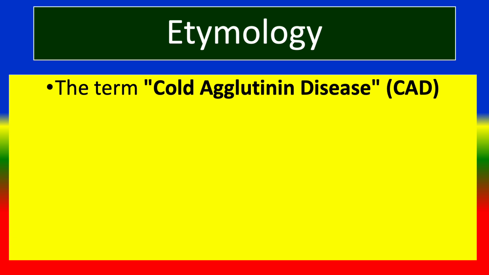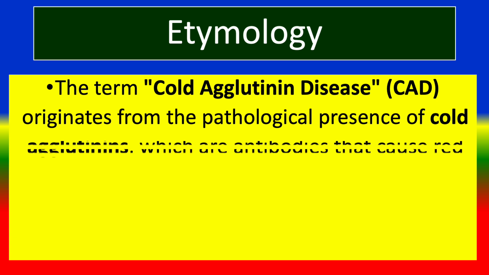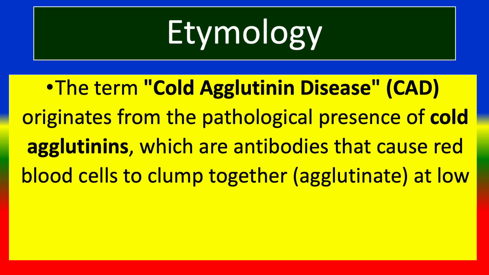Etymology. The term cold agglutinin disease originates from the pathological presence of cold agglutinin, which are antibodies that cause red blood cells to clump together, agglutinate, at low temperature.